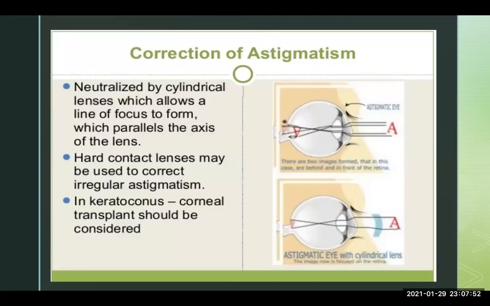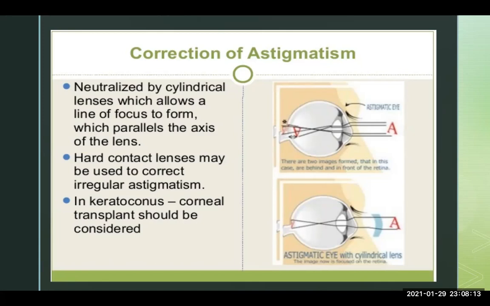How to correct the astigmatism? The cornea, as I said, has two different curvatures. So it is neutralized by cylindrical lenses, which allow a line of focus to form, which parallels the axis of the lens.